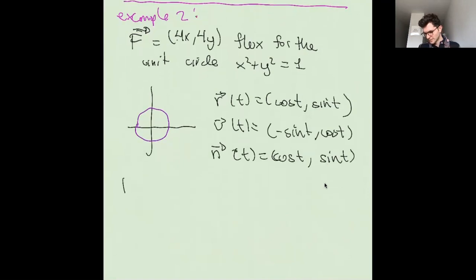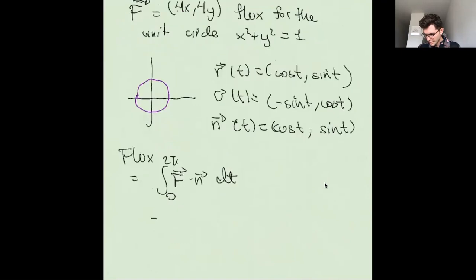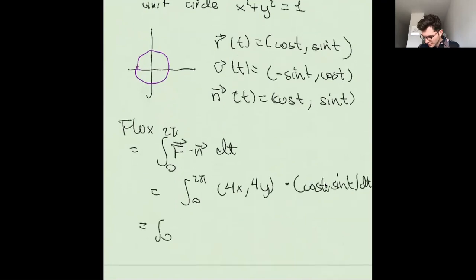And so the flux is then the integral of f dot n dt from 0 to 2 pi, and this is 0 to 2 pi of 4x comma 4y dot cosine of t, sine of t dt, which is 0 to 2 pi of 4x cosine of t plus 4y sine of t dt.